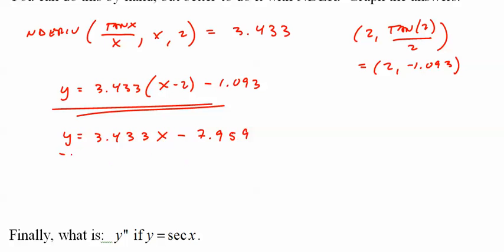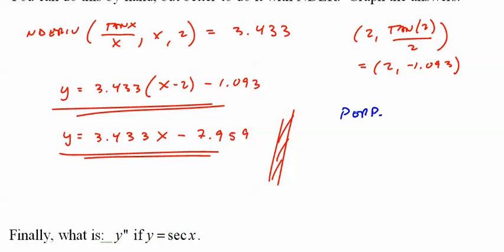Again, using my calculator, I go negative 1 divided by that slope. Get a value, and I am going to leave this one in point slope form. So that's tangent, this is perpendicular. Y equals negative 0.291 times x minus 2 minus 1.093.